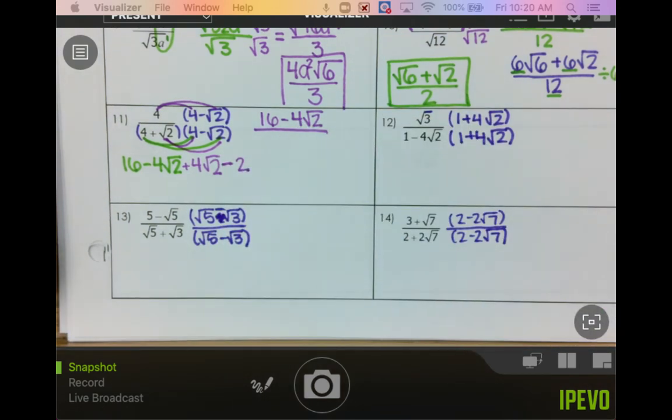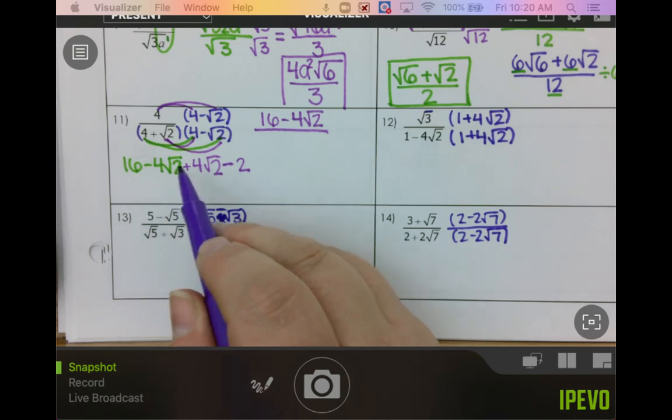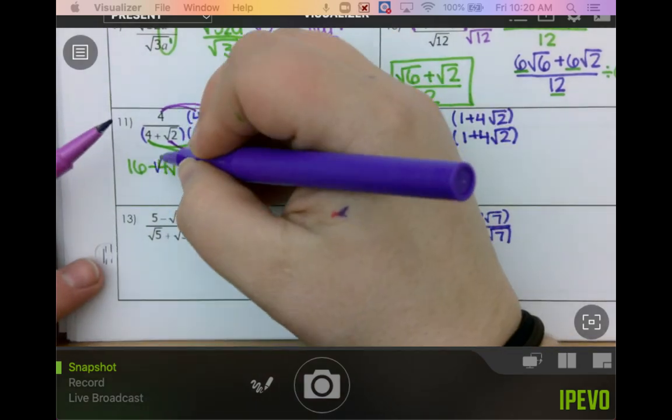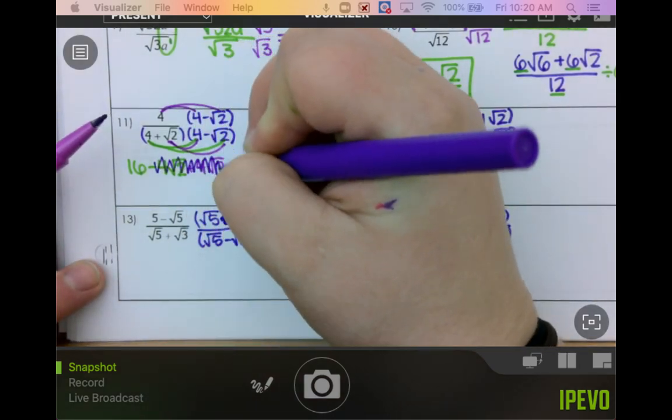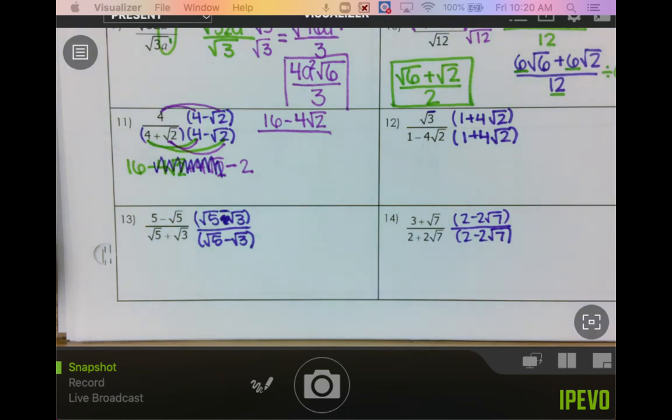Every single time, guys, these two in the middle cancel out. That's what happens with conjugates. Negative 4 square root of 2 and positive 4 square root of 2 go away. That is why we use the conjugate, because it makes the square roots go away in the middle. And all you have left is 16 minus 2, which is 14.